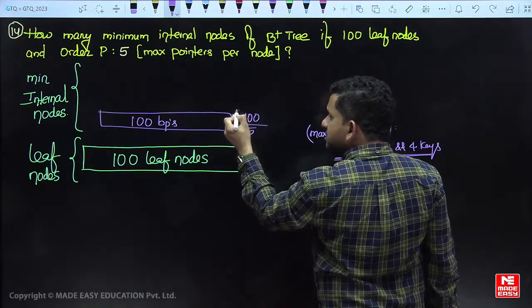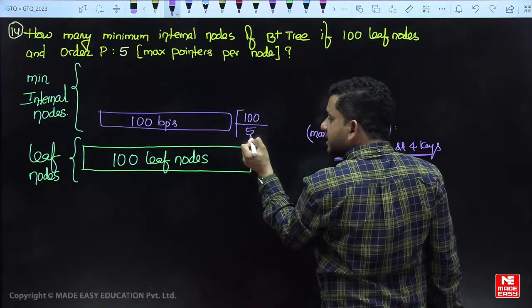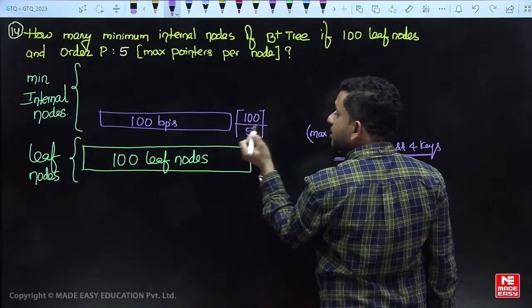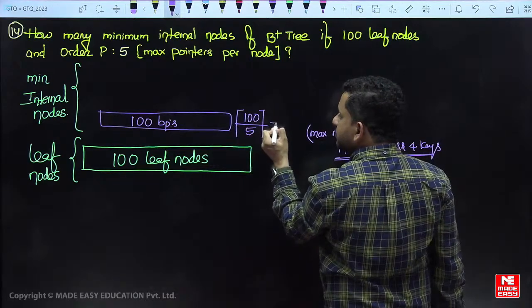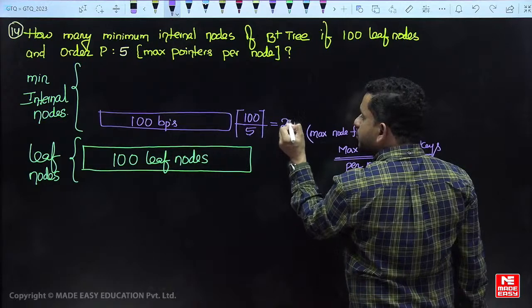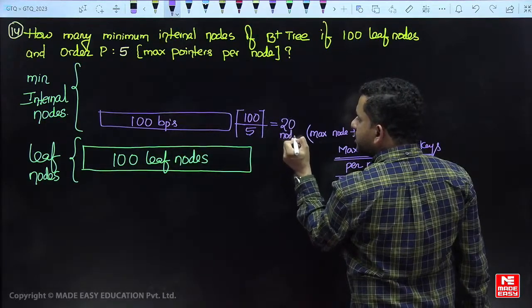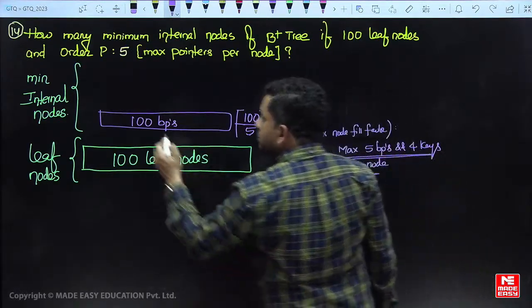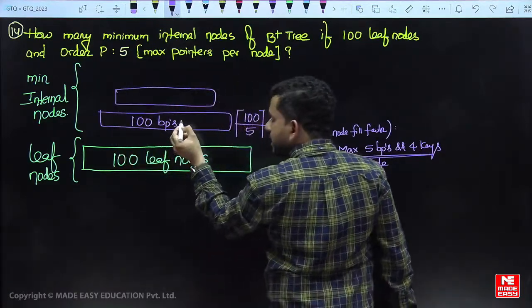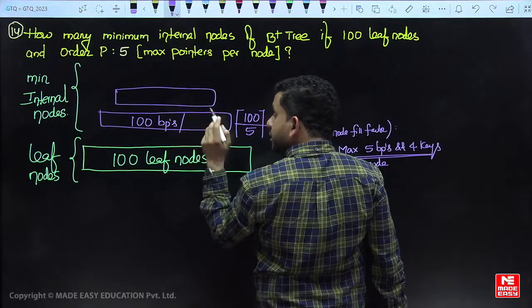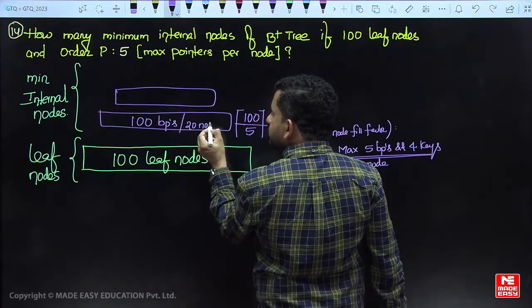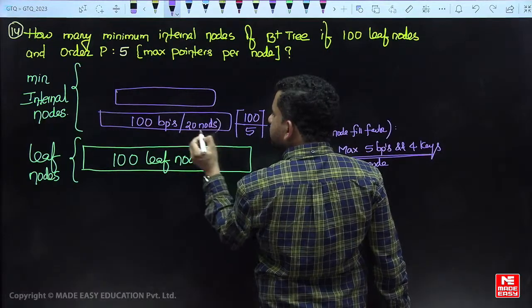If it is not exactly divisible, because we are considering maximum filling factor for a node, you have to consider the ceiling value. But anyhow 100 by 5 is exactly divisible. 20 nodes. So 100 block pointers can be distributed into minimum 20 nodes.